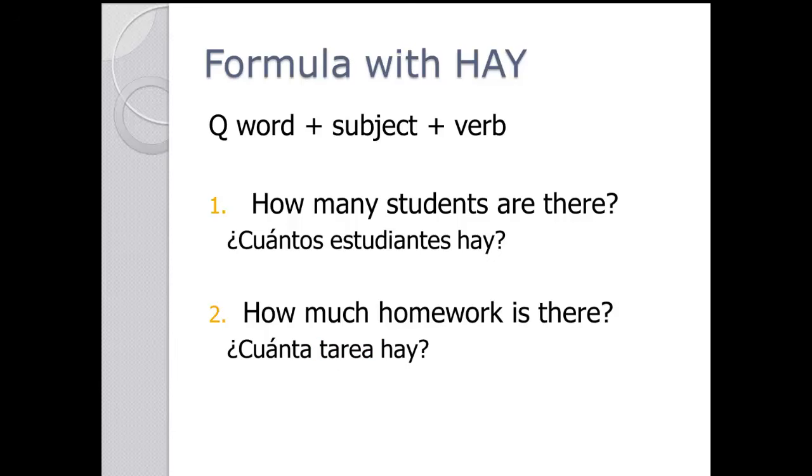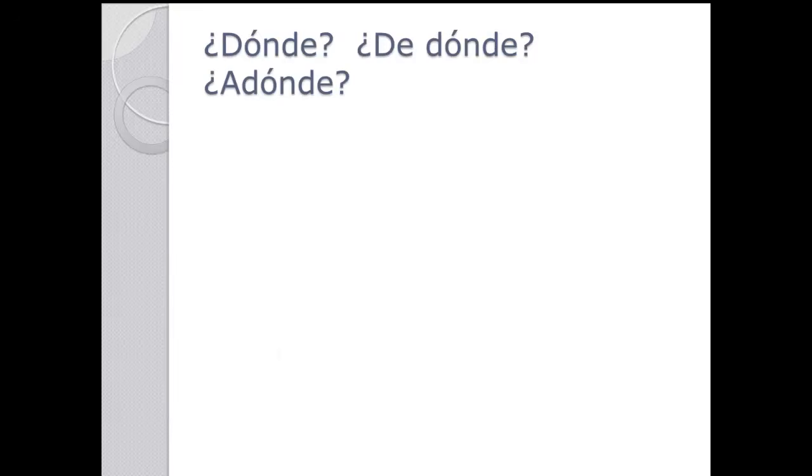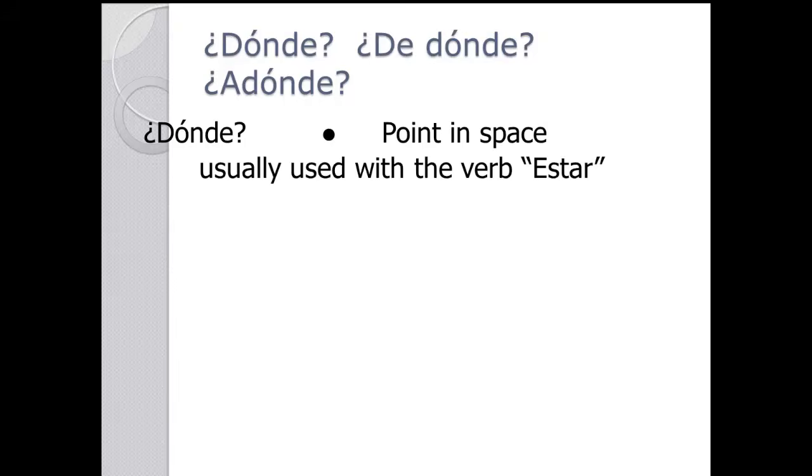There are a few confusing words because they are so similar. Let's look at dónde, de dónde, and a dónde. You can remember them by some visuals. Dónde is a point in space because it is where something or someone is. It's usually used with the verb estar.